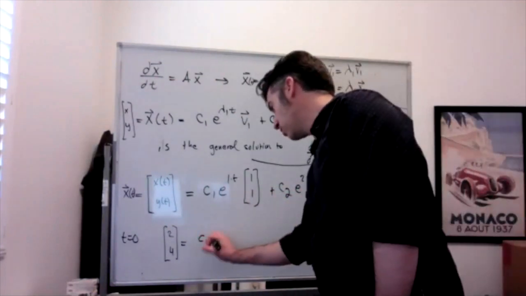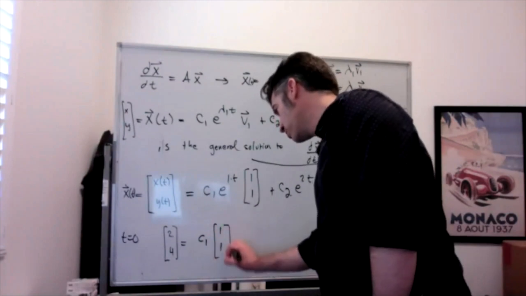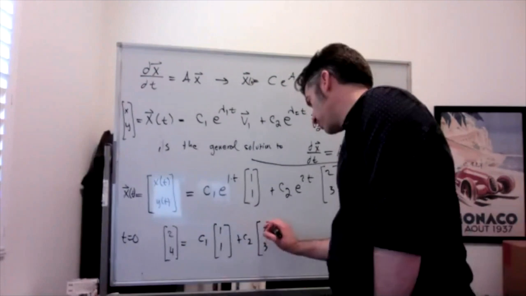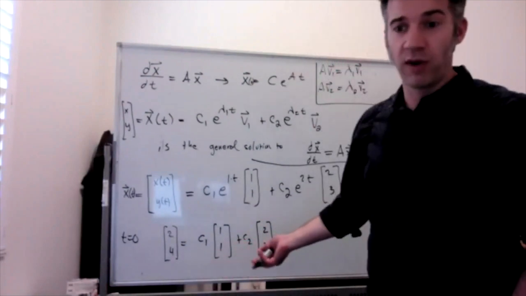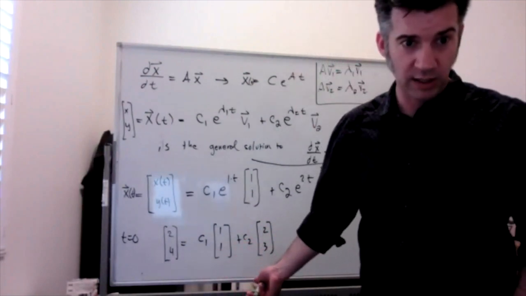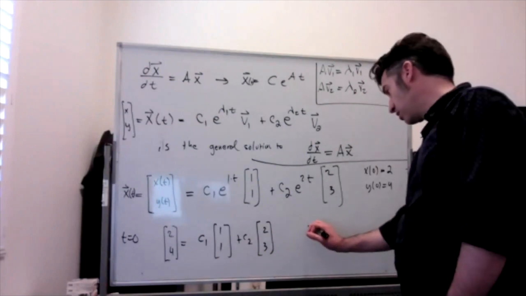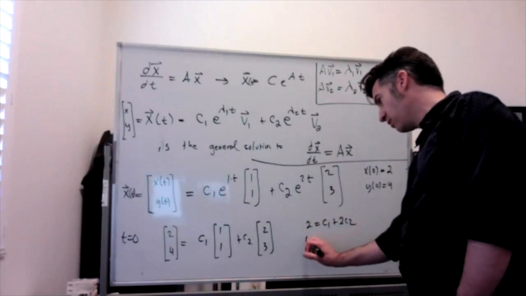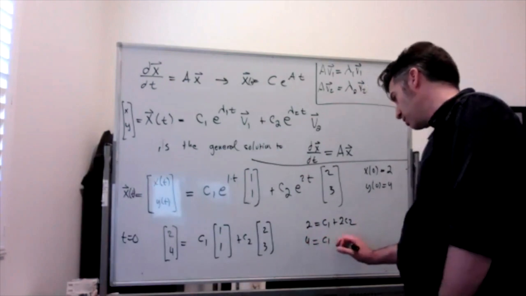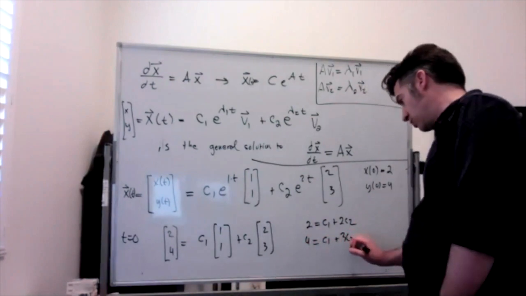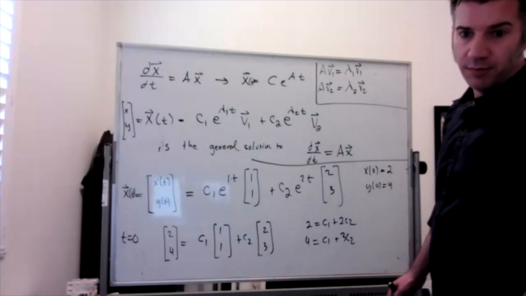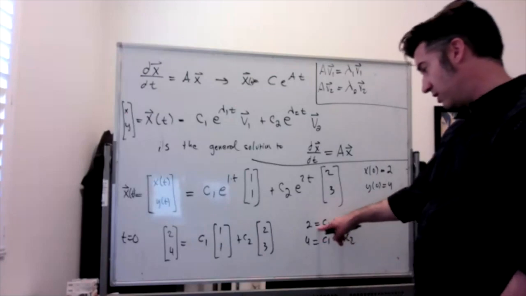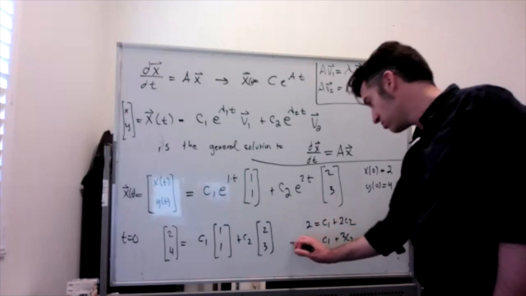So I get c1 times 1, 1 plus c2 times 2, 3. There are a number of ways to solve a system of equations like this. You can go straight to saying 2 equals c1 plus 2c2, 4 equals c1 plus 3c2. And I'm a fan of, when I see the same coefficient, doing this equation minus this equation.